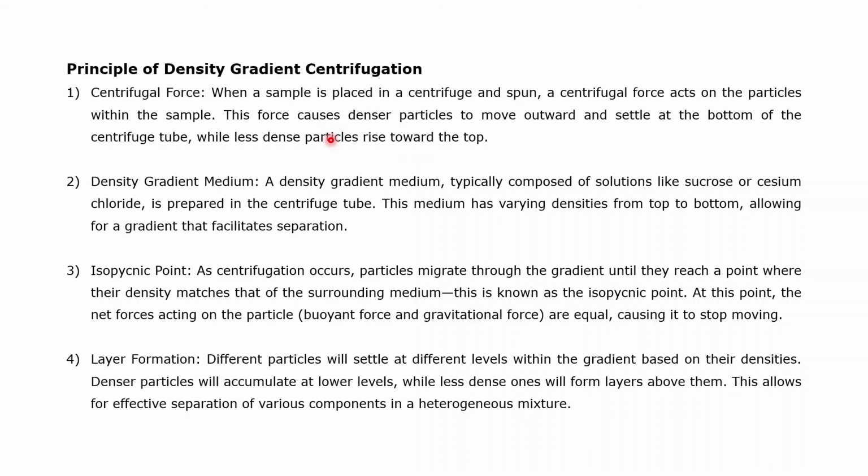So this is basically because of the presence of a centrifugal force that makes the particles move from the point of origin to the end region, because the centrifugal force is acting outward along the radius of gyration. Because of this, the denser particles move a much greater distance away from the origin, while the less dense particles do not move that much and stay closer to the point of origin.